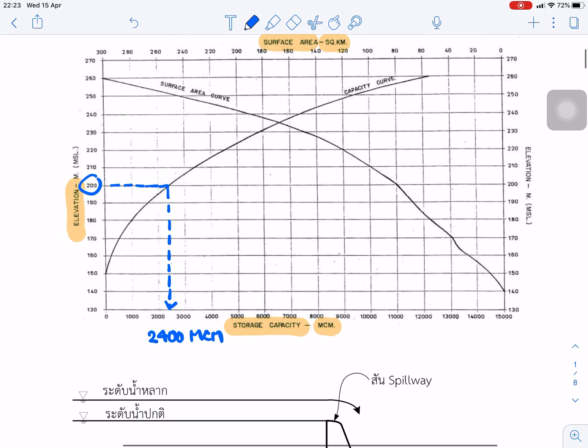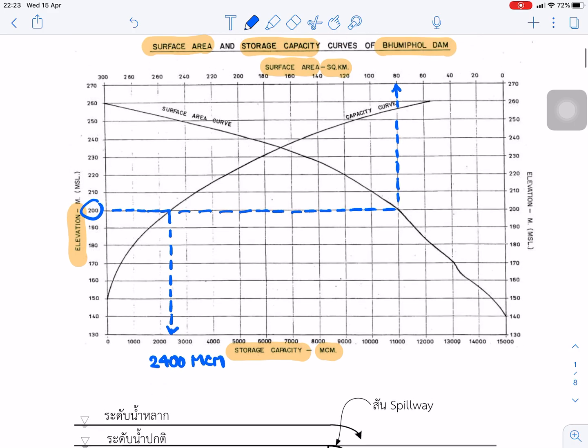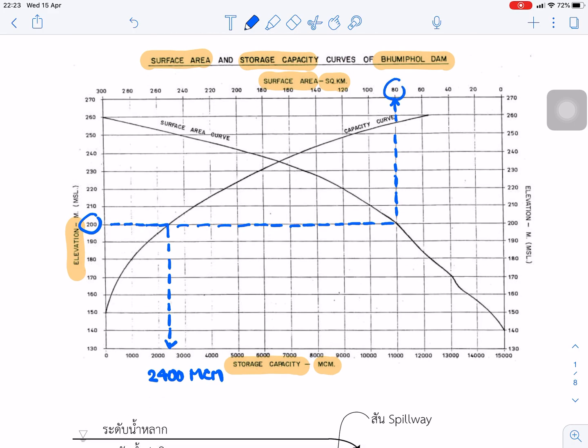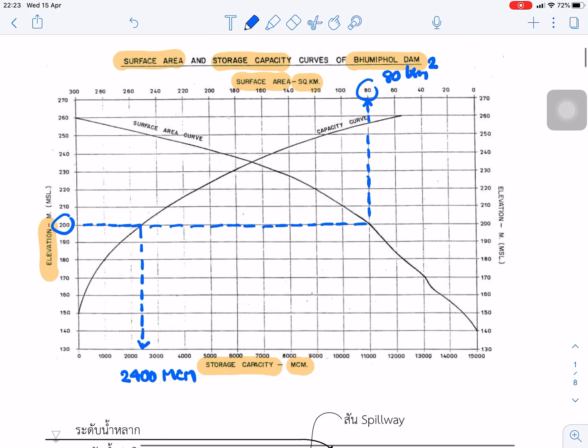So water storage is about 2,400 million cubic meters. Okay, and if you draw to the other side and read from this, it means the surface area is about 80 square meters. The surface area of the reservoir. Okay, so that's for the Pumipon Dam.